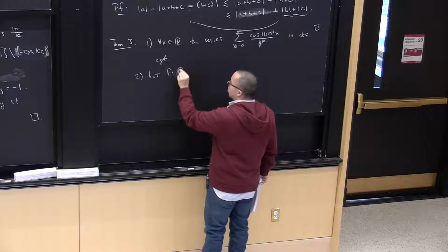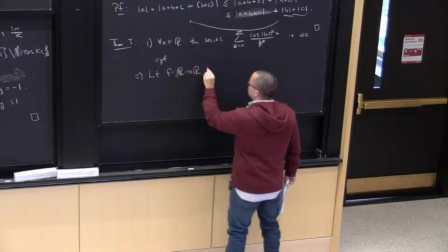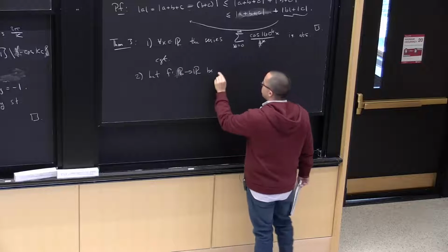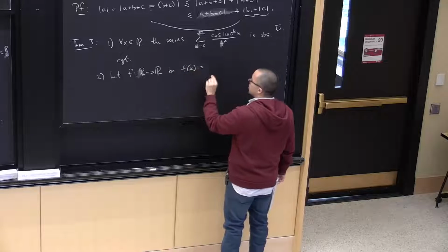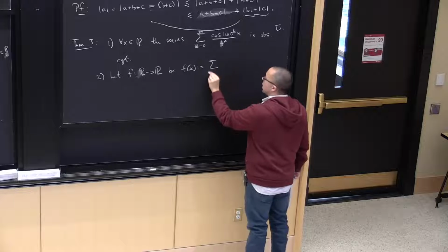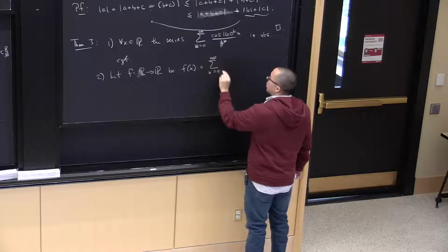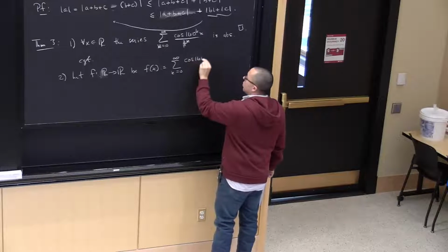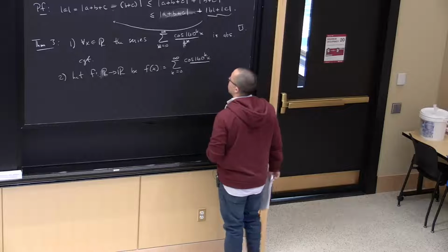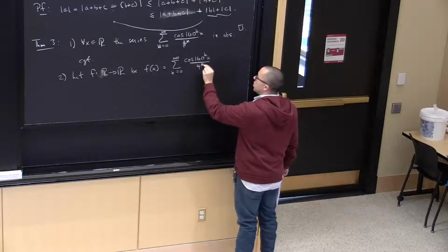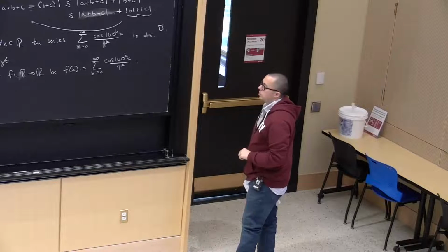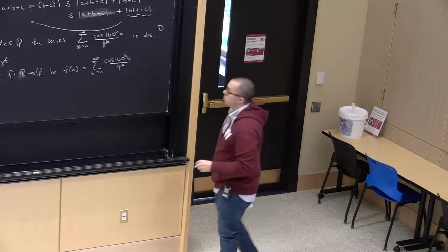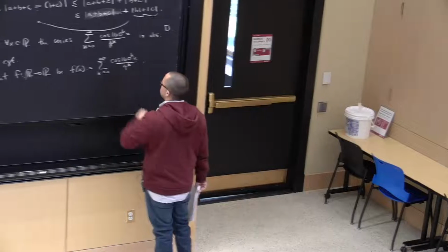Let f from R to R be defined by: f of x is just the number that I get when I stick in x to this series. Okay, which is meaningful because for all x, this series converges absolutely.